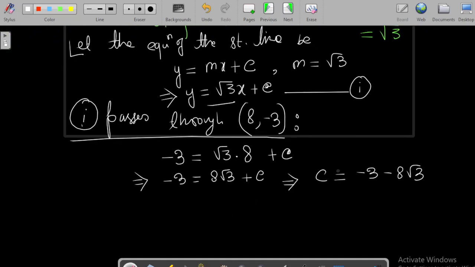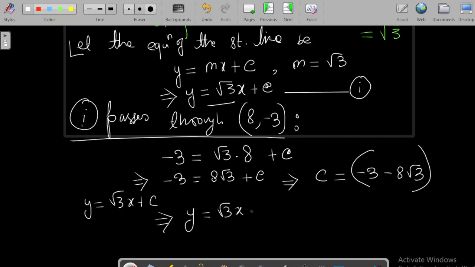This is the value of c. The equation was y equals root 3x plus c. So it reduces to y equals root 3x plus minus 3 minus 8 root 3.